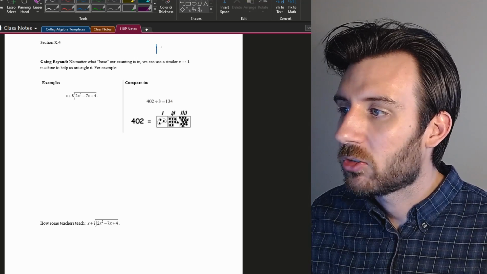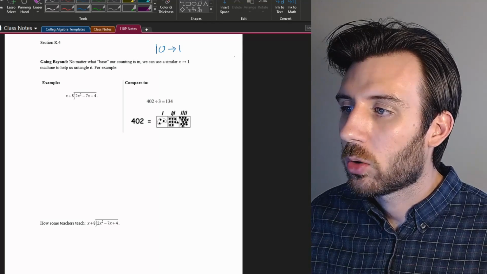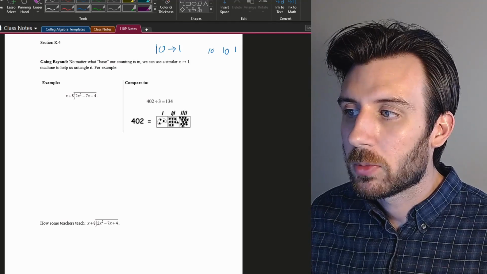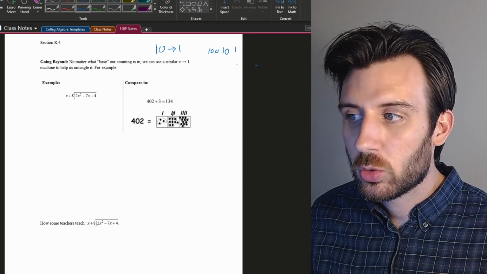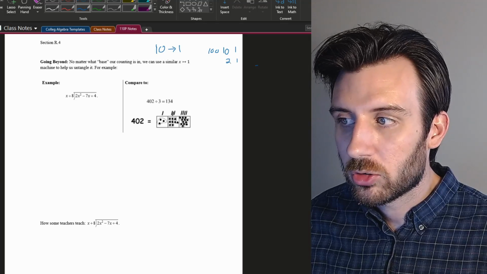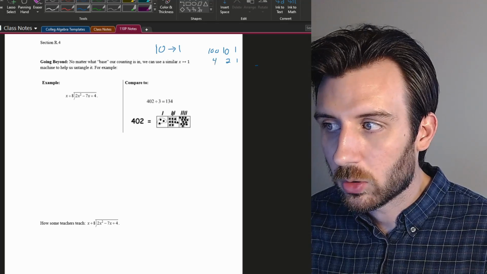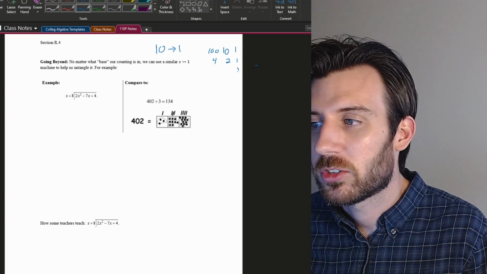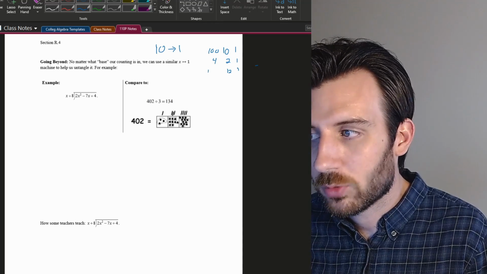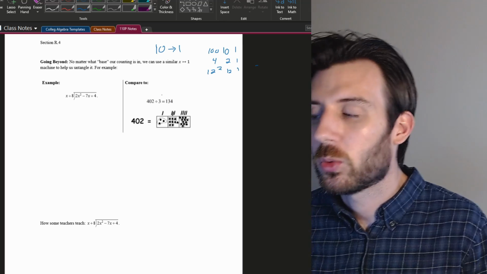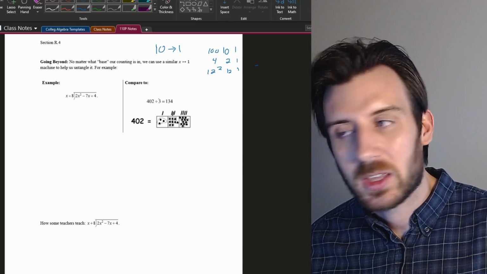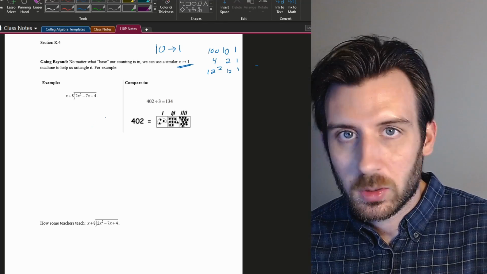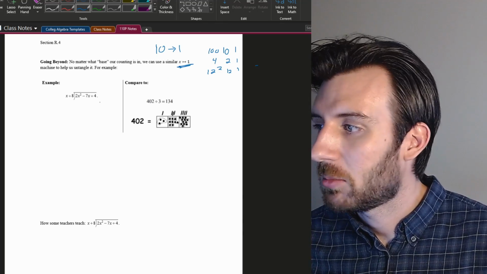A 10 to 1 machine has the first category being 1 and then a group of 10 of those, and then a group of 10 of those 10s, etc. A 2 to 1 machine starts with 1, and then I get a group of 2, and then 2 groups of 2 would be 4, and then 2 groups of 2 would be 2 cubed, and you can think of this however you want. We start with 1, maybe 12, that's where the 144 came from, was 12 squared. So when you start to talk about these in general behavior, we don't need to talk about number to 1 machines, we can talk about them as x to 1 machines, and we can still do the exact same division we would want to.